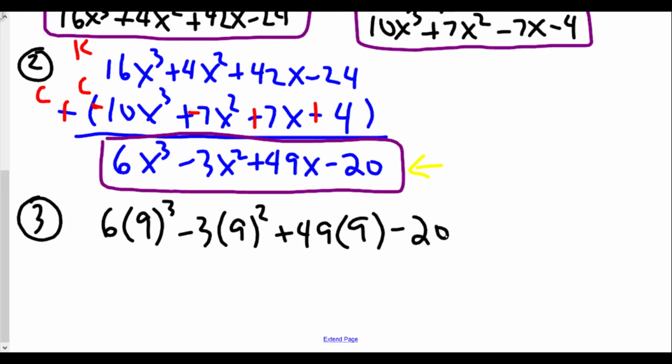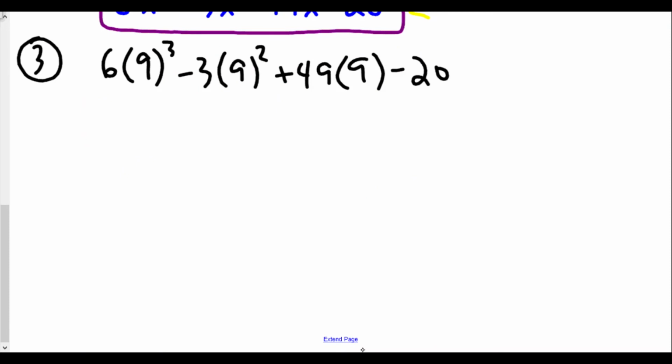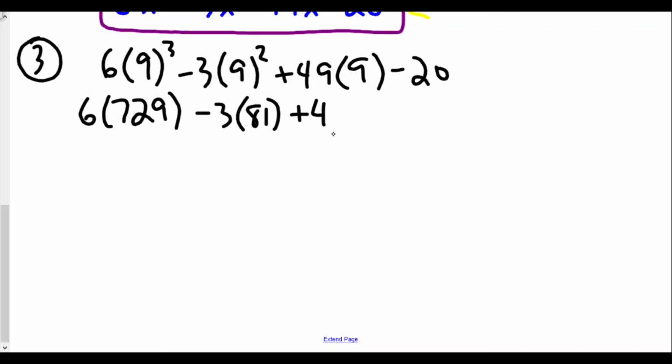But if you want to work everything out, I'm going to work everything out for you guys. So 9 to the third is 729, and 9 squared is going to be 81. So now we have this times 49 times 9 minus 20.